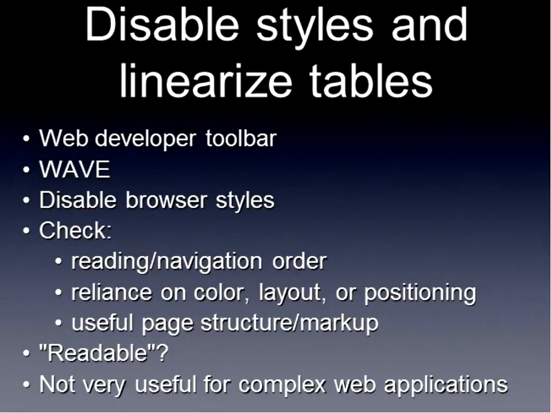It also allows you to check if you're relying on color or layout or positioning or other stylistic things to provide accessibility that may not be accessible to, say, screen reader users or to other users that may override page color or increase text size or disable styles, things like that. And just to make sure that that underlying page structure and markup is useful.